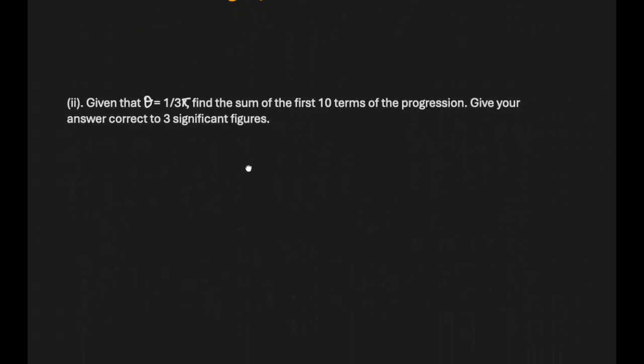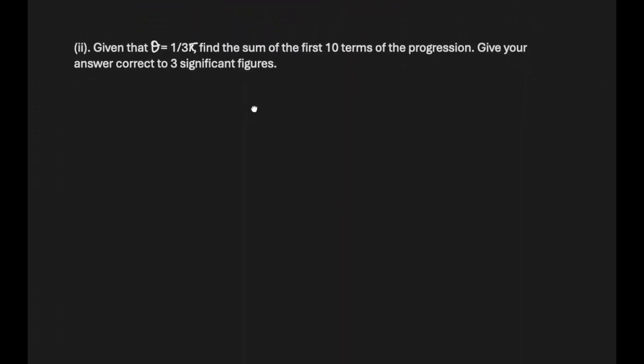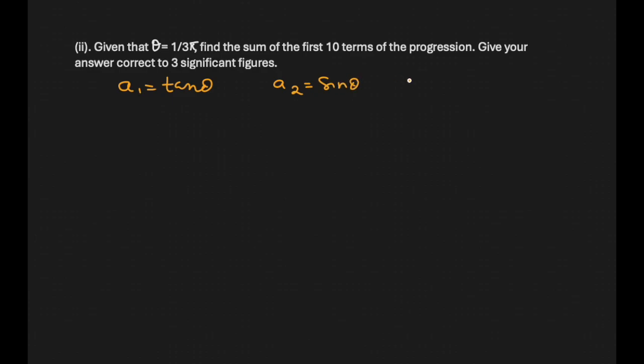Given that theta is 1/3 pi, find the sum of the first 10 terms of the progression. Okay, so again A1 was tan theta, A2 was sine theta, r is sine theta over tan theta, and we want the sum of the first 10 terms.